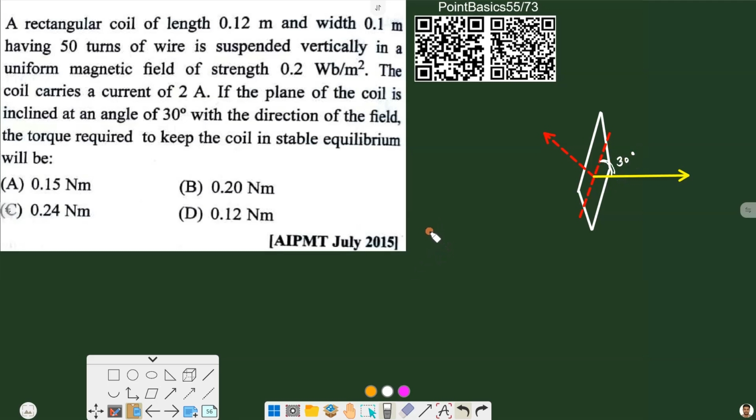When we calculate the torque, we calculate the angle between M and B, the direction of the magnetic dipole moment and the direction of the field.